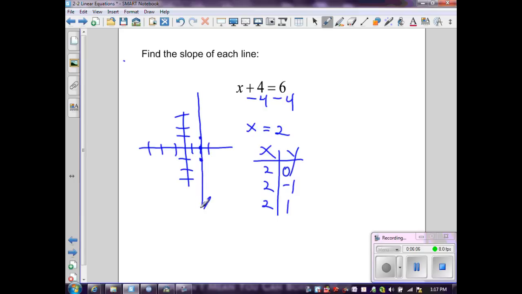And I know that only this type of equation with just an x value generates a vertical line. And I know a vertical line has a slope that is undefined. So this is my slope-intercept form, but I also know that it's a vertical line which has an undefined slope.